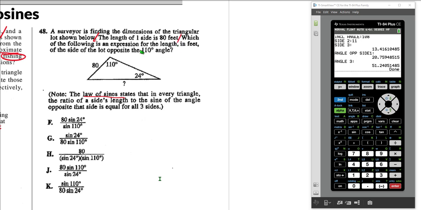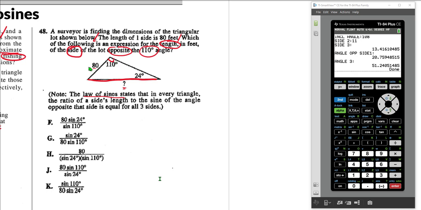Let's start slashing these guys. We have the 80 feet right here. Which of the following is an expression for the length of the side opposite 110? They have marked that side for us with a question mark, so we know what side we're looking for. It's this long side opposite the 110 degrees.